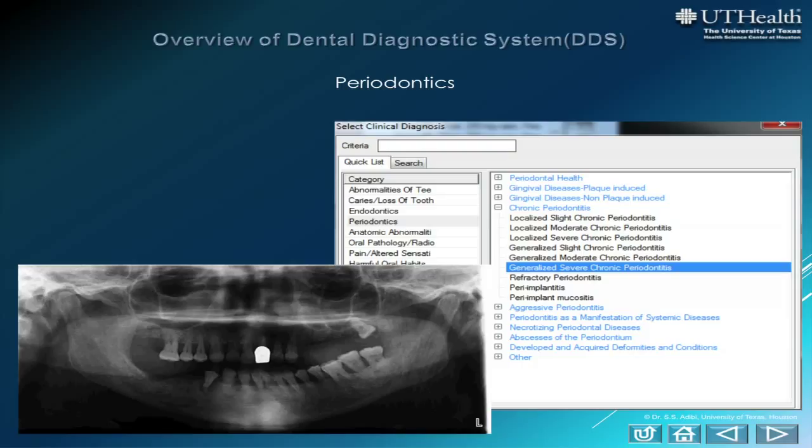Therefore, the diagnosis of generalized severe chronic periodontitis was selected.